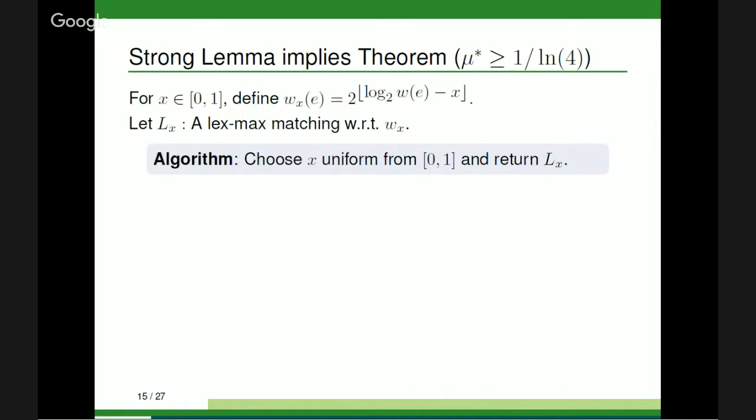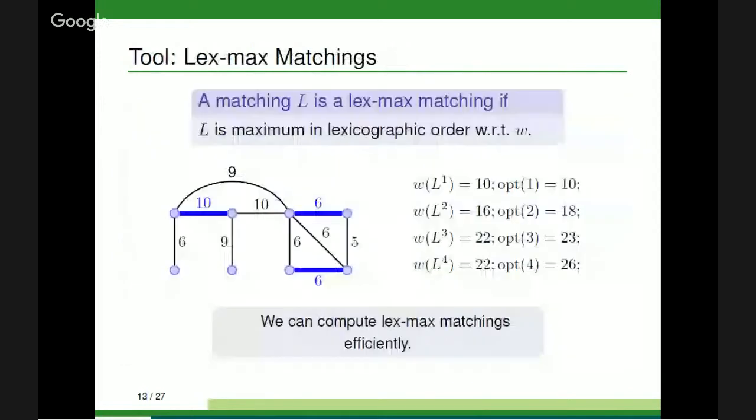I don't have an example, but perhaps. For example, if you select x equal to 0, essentially you're going to replace this 10 by 8, this 10 by 8, this 6 by 4, and so on. If x is close to 1, then perhaps some of them will jump to the powers of 2 below.